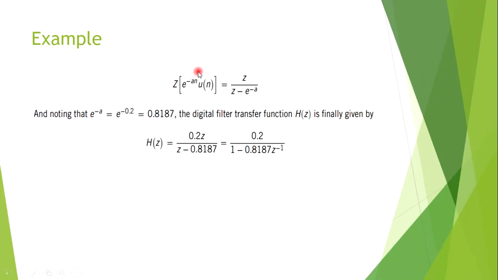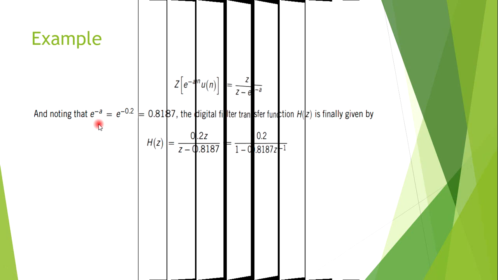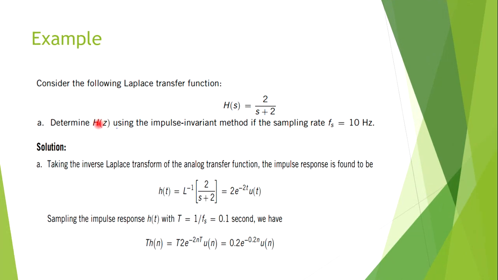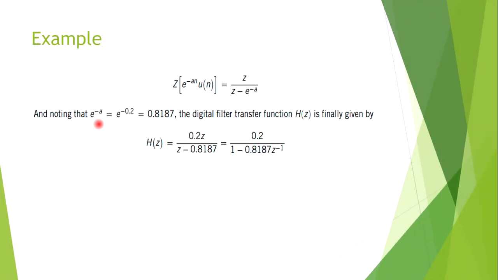then taking the Z transform of the above result. We will take the Z transform by using this property or formula: if we take the Z transform of e to the power minus a n u of n, it will come out to be z over z minus e to the power minus a.